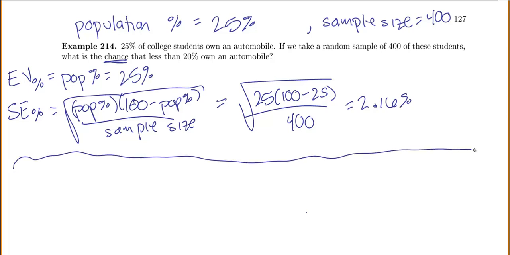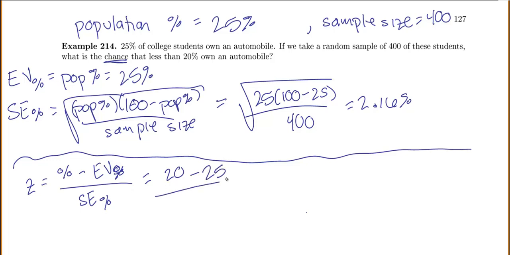Now let's actually find the chance that less than 20% own an automobile. So if you're looking for the chance, you have to standardize. So it's going to be the percentage minus the expected value of the percentage divided by the standard error of the percentage. So it's going to be 20% minus our expected 25 divided by the standard error of 2.16. So this gives me negative 2.31.